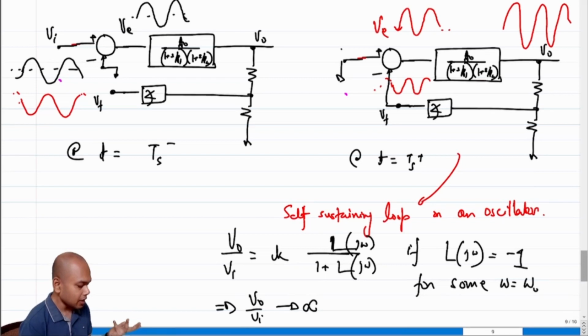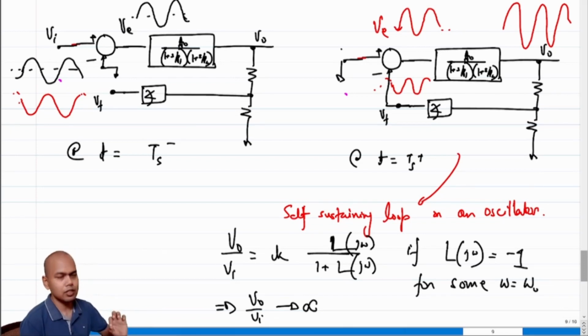Now you might say that, hey, if this were to be avoided, I simply won't apply any input at that frequency. In principle, it seems true, but it's not practically feasible, because ultimately you have noise sources everywhere, right? And so even if you have not applied an explicit frequency, there will be frequency components in the circuit because of noise, which is broadband in nature.